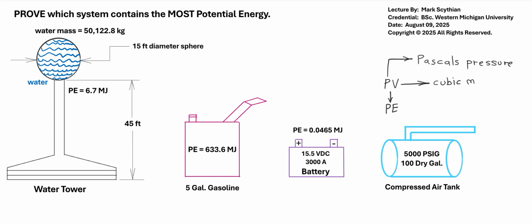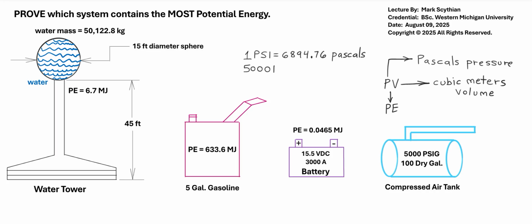So P is the Pascal's pressure and V is the cubic meters volume. So 1 psi is equal to 6894.76 pascals, and 1 psi is 1 pound force per 1 square inch area, whereas pascals is 1 newton of force over 1 square meter.